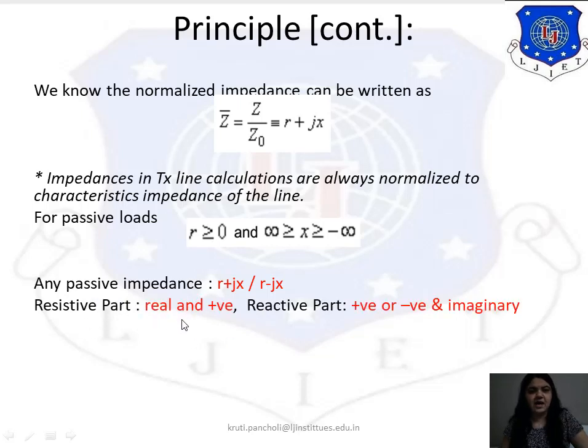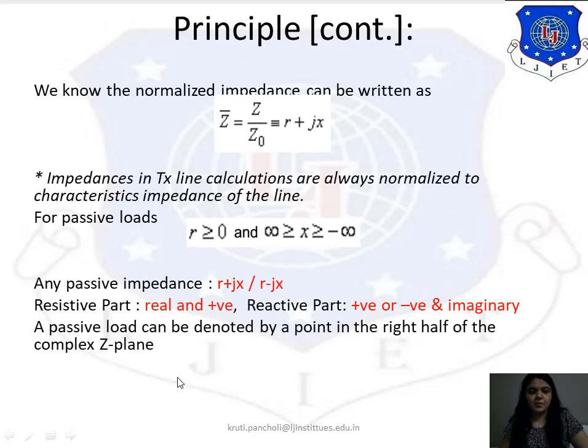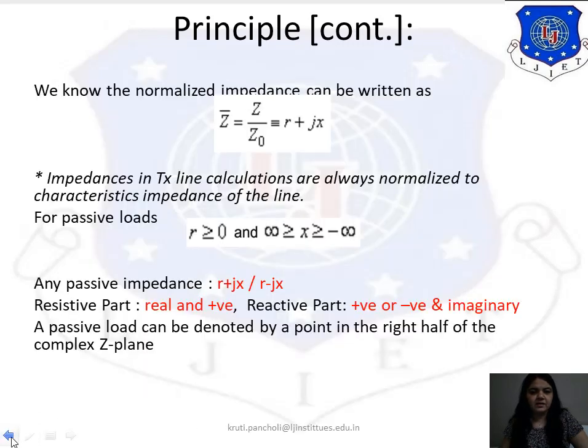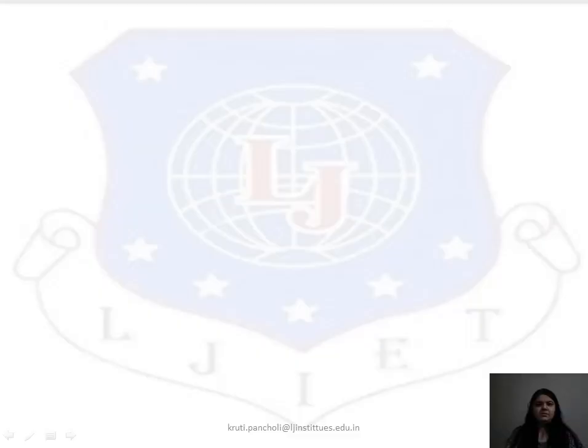The resistive part is real and positive, and the reactive part can be positive or negative. A passive load can be denoted by a point in the right half of the complex Z plane. Now we are going to find the equation for the resistance and the reactance circles available on the Smith chart.